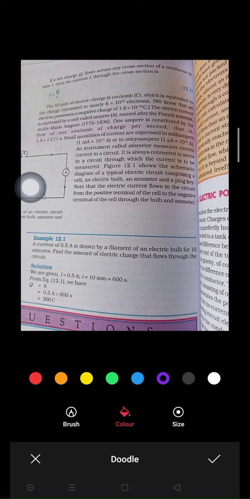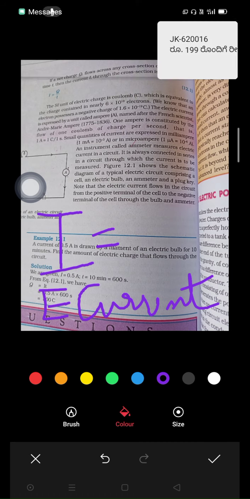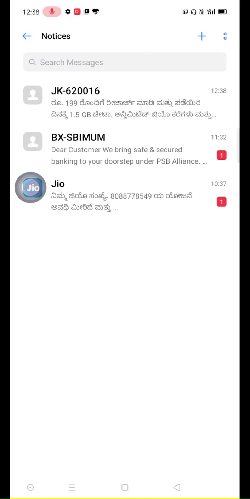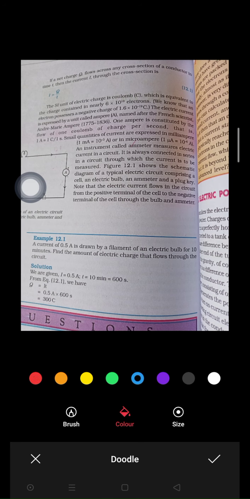Electric current is expressed in ampere. I is electric current, expressed in ampere, named after the French scientist Henri Marie Ampere. 1 ampere is constituted by the flow of 1 coulomb of charge per second.